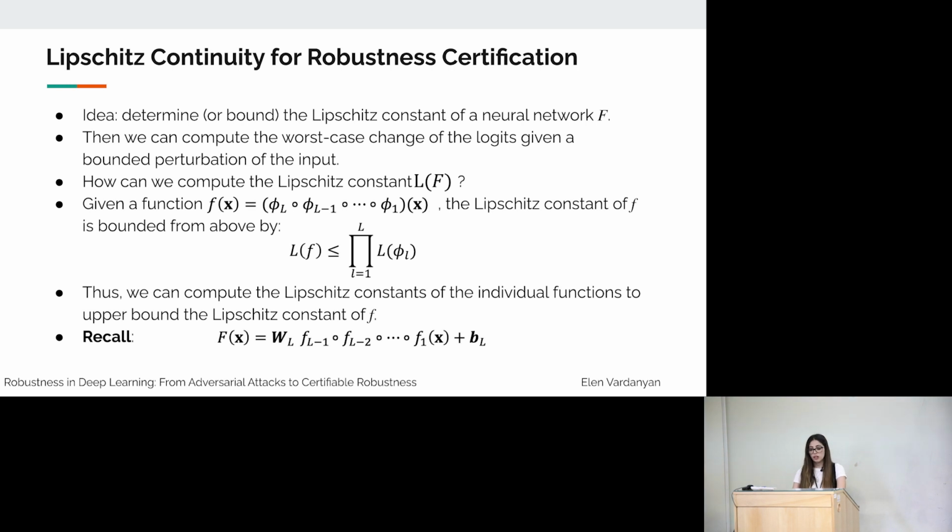So in case of a neural network with ReLU layers, or actually for now just any layer, we will have the multiplication of the Lipschitz constants of every layer.